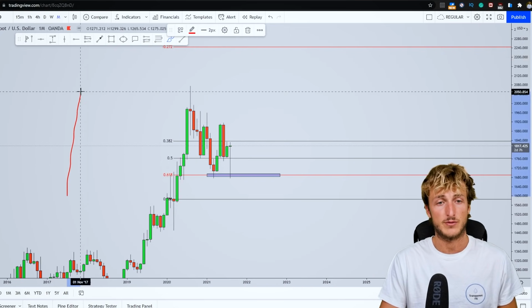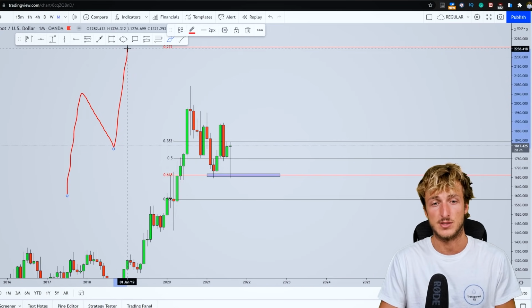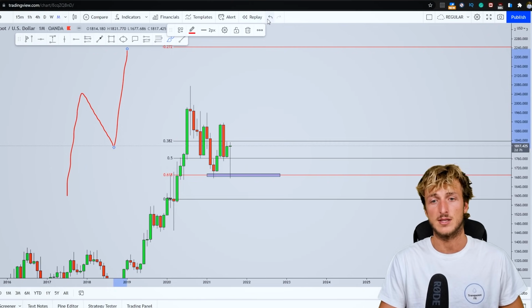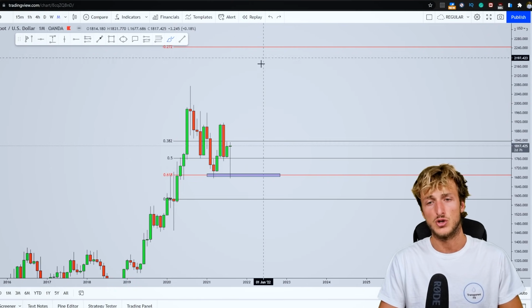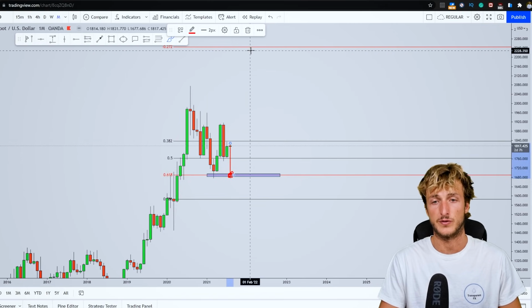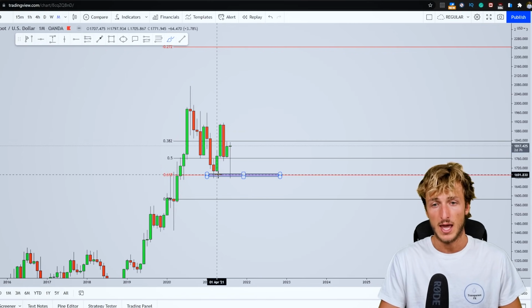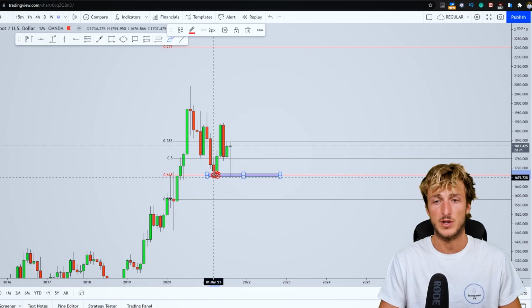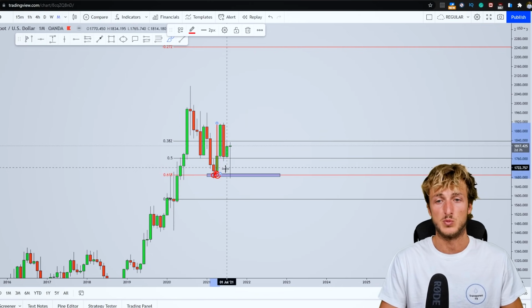And in general, after an impulse, you want to see the market test the 0.618 before then seeing the continuation to the upside. So here on the monthly, everything seems quite bullish. We got a massive rejection of this demand and support. And we can also see how exactly from here, the market did start this move to the upside.